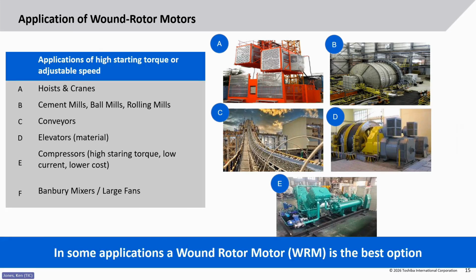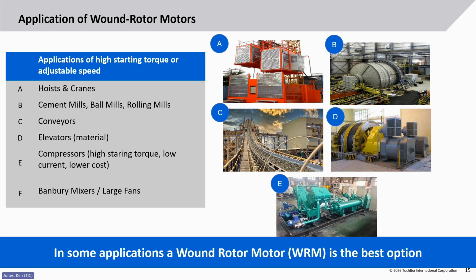So we can apply these in various areas of the industry, including hoists and cranes, cement mills, ball mills, rolling mills, conveyors. We see a lot of applications in conveyors, elevators, usually material elevators, compressors with high starting torque requirements, with low current and basically a lower cost in some cases.